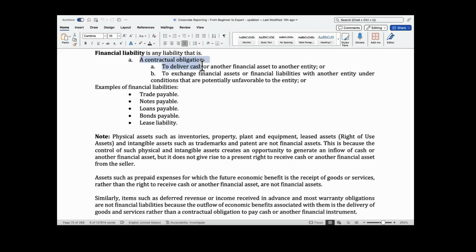If you are very good at transferring knowledge, you should be able to understand that the cash settled arrangement we learned in IFRS 2, where the entity would give cash based on the value of their shares, is a financial liability, because the entity has a contractual obligation to deliver cash.